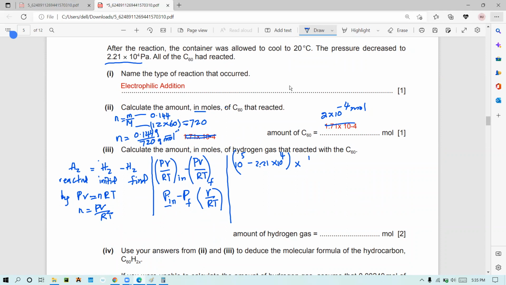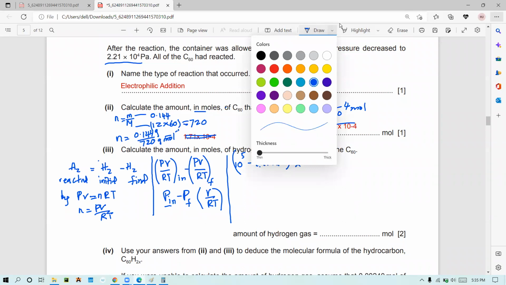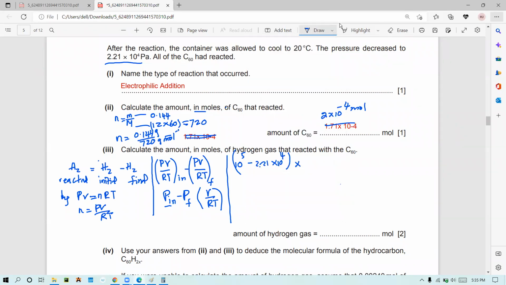But I have to write the volume in meter cube, so I'll rewrite it. Volume is equal to 100 centimeter cube into 10 to the power negative 6.